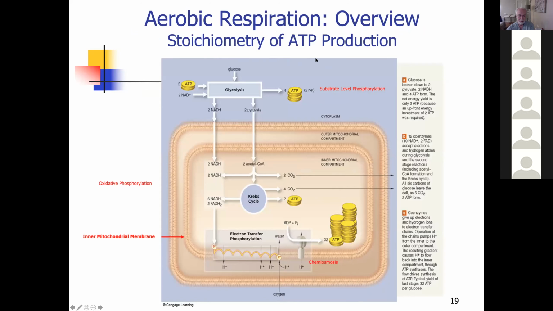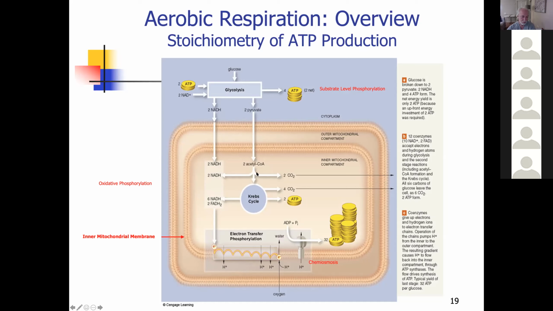So this is the emphasis here, and this diagram is the stoichiometry of ATP production. Glycolysis costs 2 ATPs. It generates 4. So there's a net gain of substrate level ATPs of 2.